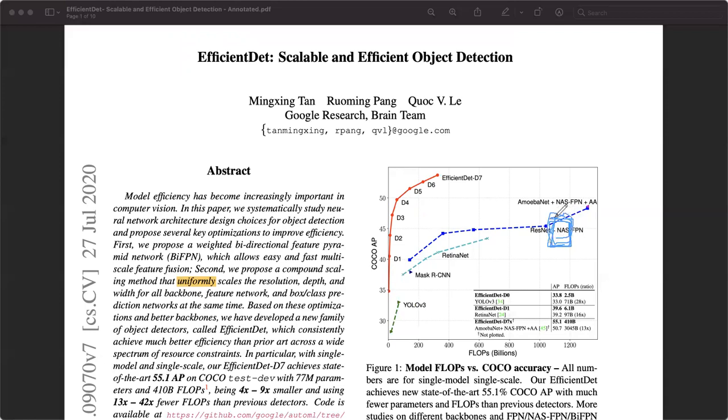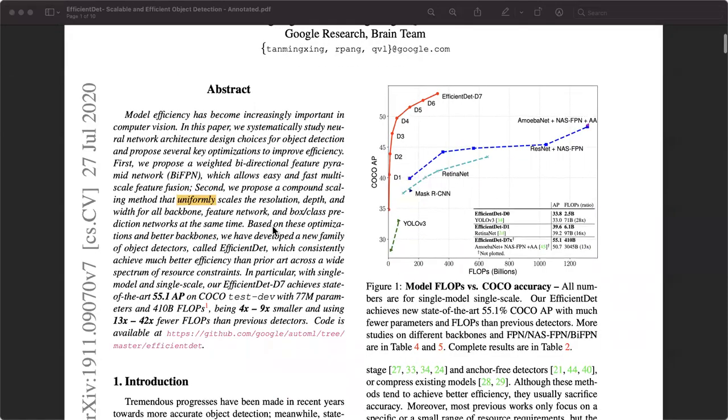But it depends on the specific design, the constraints, and the dimensions that it cares about.